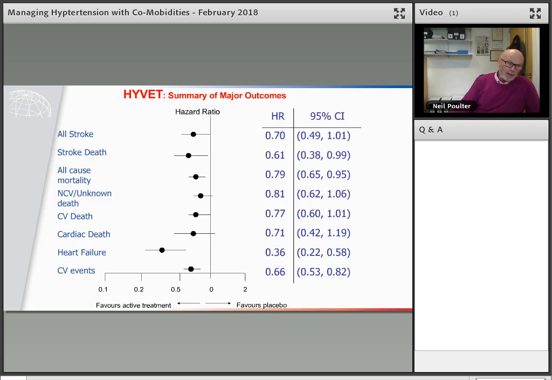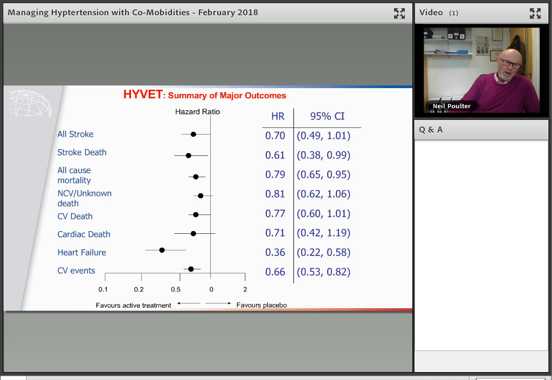And then we got the very elderly. These were 80 plus patients, and they got randomized to indapamide, adding in perindopril as required. And what you see here for all stroke, very elderly, stroke death, these were the endpoints here, all-cause mortality, huge benefits. Look at the benefits on heart failure, 64%, all cardiovascular events down 34%.